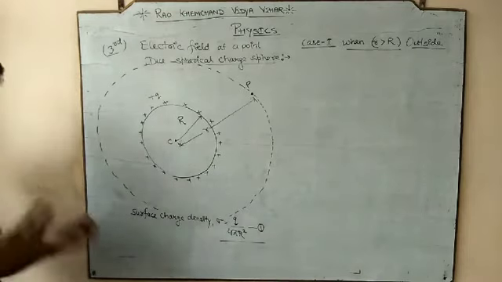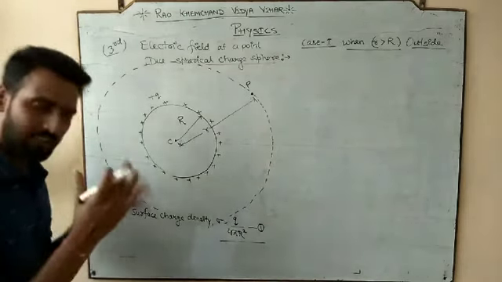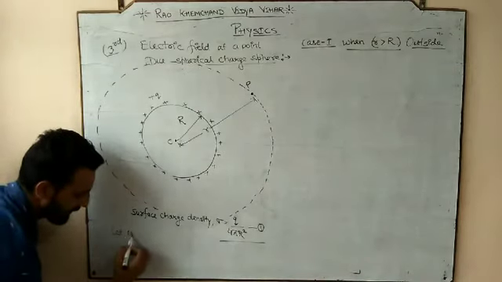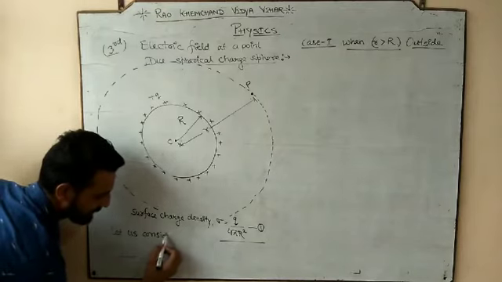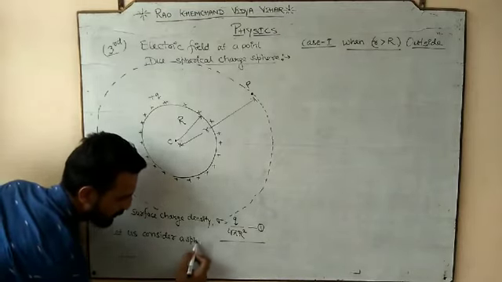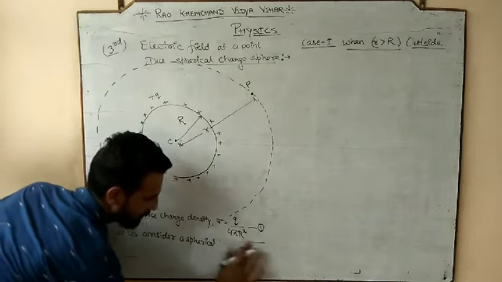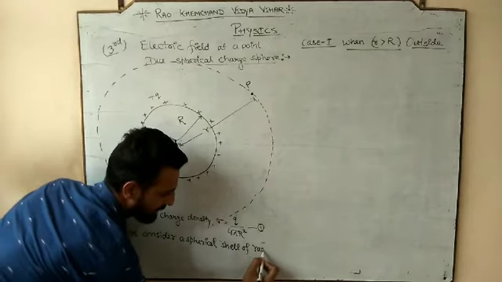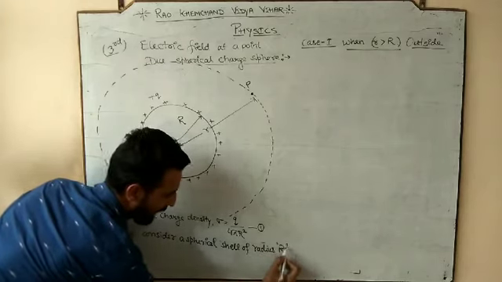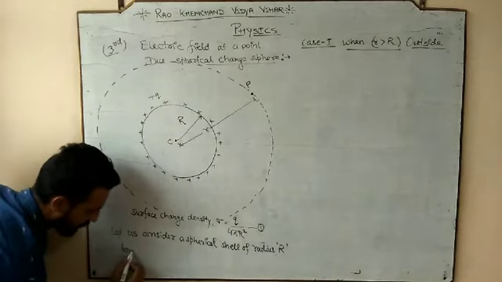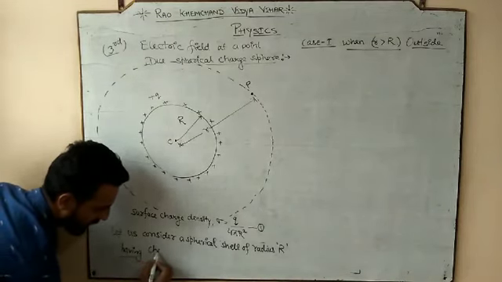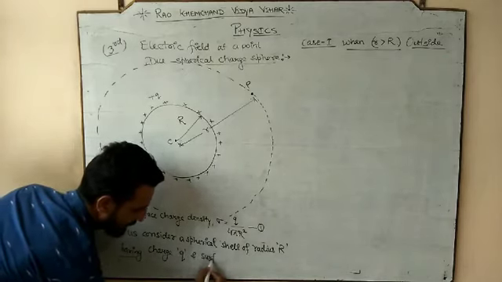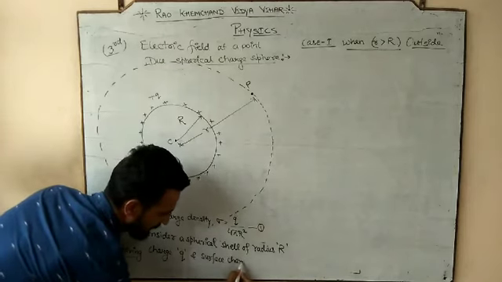But before going to that, as usual, let us write down all the considerations we have taken. Let us consider a spherical shell of radius capital R having charge small q and surface charge density sigma.